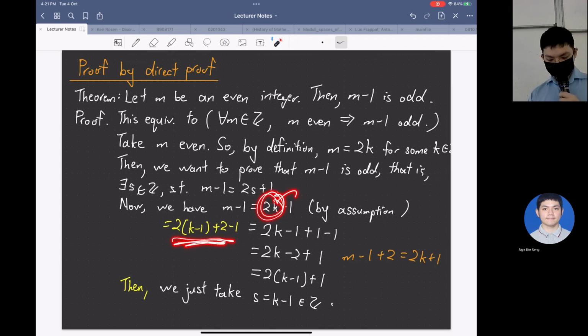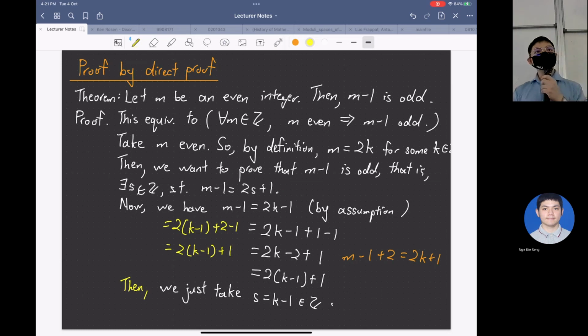So this one becomes k minus one, then I also get 2k minus one plus one. It's the same. Everyone following or not? Hence n minus one is odd.